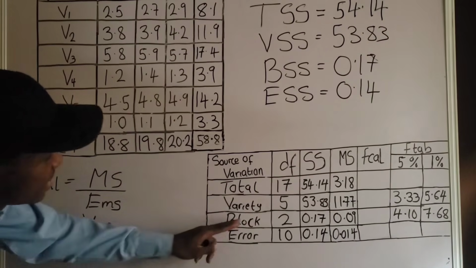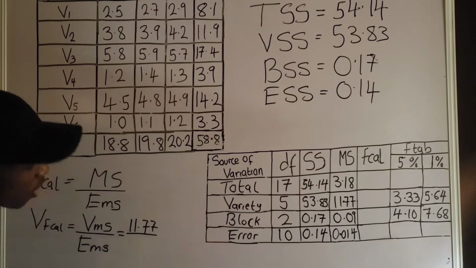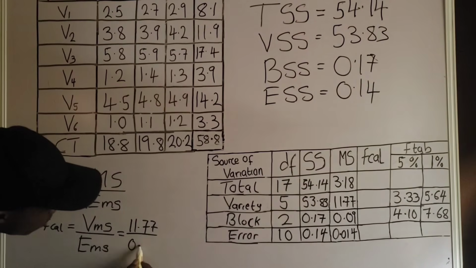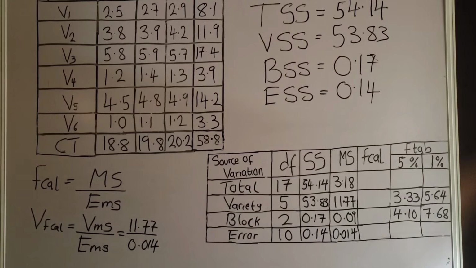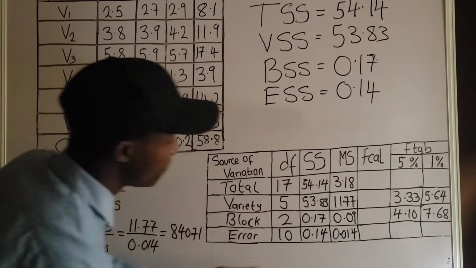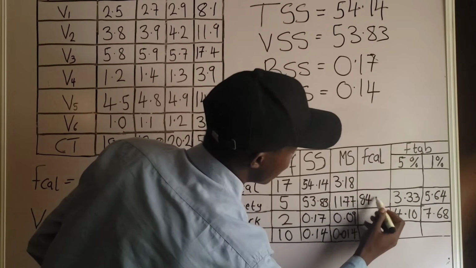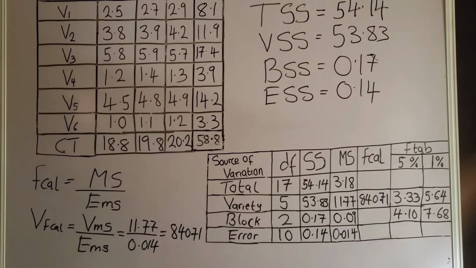So variety mean square is 11.77, all over the error mean squared, which is 0.014. 11.77 divided by 0.014, the answer is 840.71. So the value of these cells is 840.71.